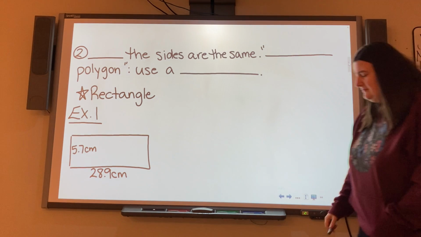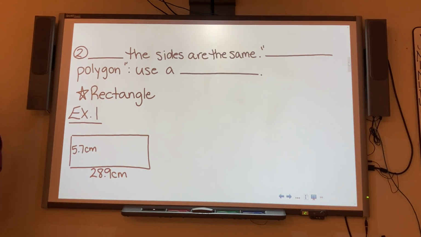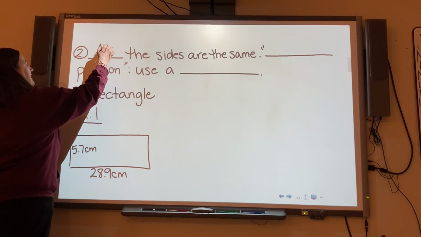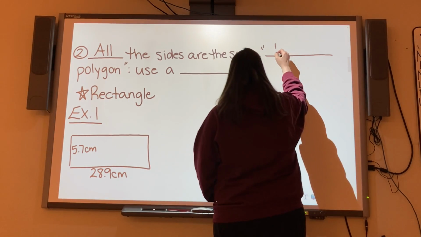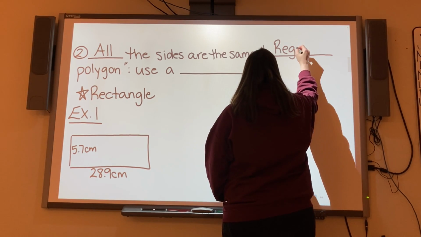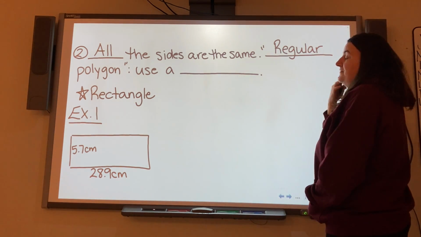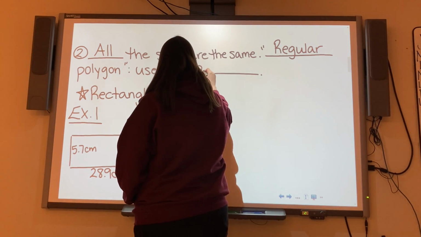So the second way that we learned how to find perimeter was when all the sides are the same. These are called regular polygons. And to find the perimeter for these, we use a formula.